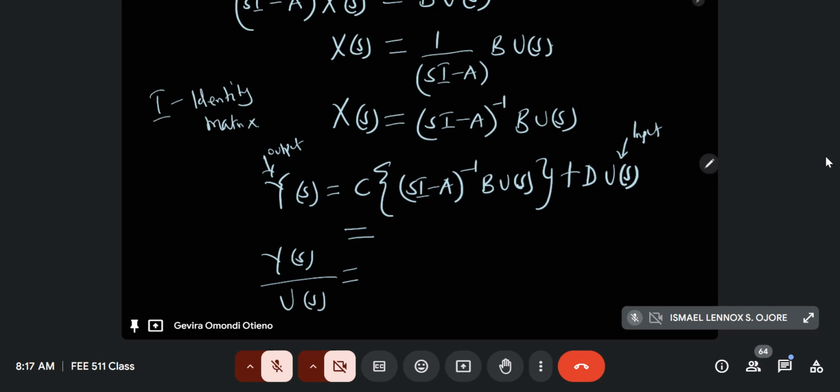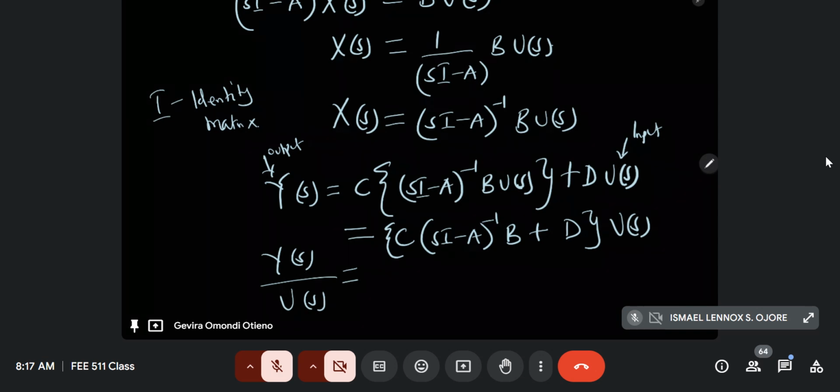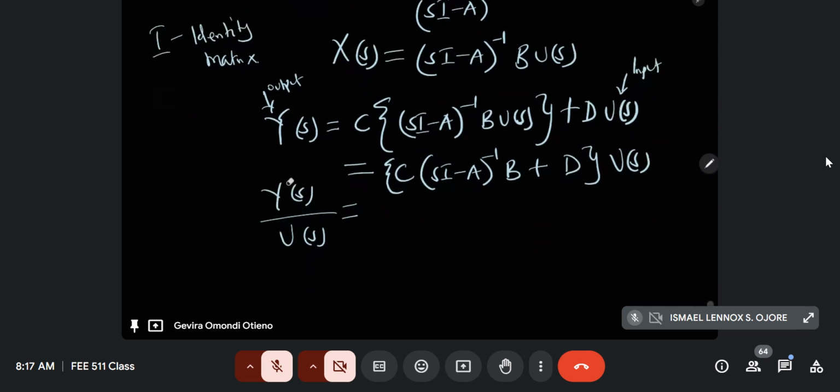If I was to multiply out, I would have C into SI minus A, B plus D, and all of this multiplied by U of S, because there's a term here of U of S and a term here of U of S. So I have to factor out the common term, and if I do that, this is what I get.